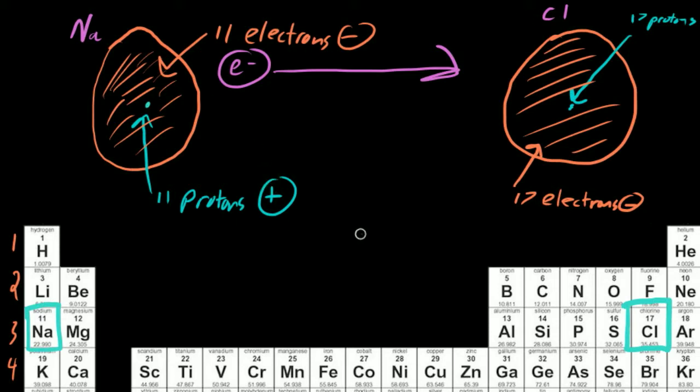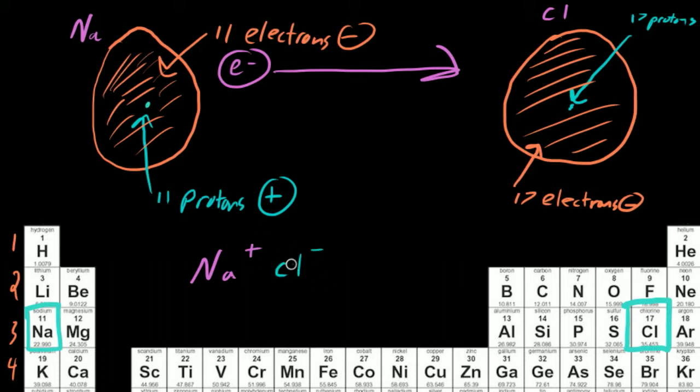I don't really want to give you too much of the notation, but essentially what happens is that sodium, because it's given one electron away, now has a +1 charge, so that's how we write the sodium ion. And the chlorine, because it's taken one electron, and that electron has a -1 charge, has a negative charge. This is the notation.